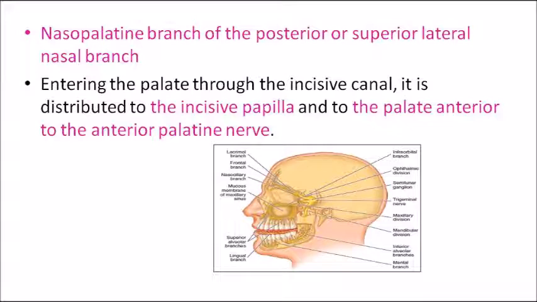Please note that it is similar to the vascular supply. The nasopalatine branch of the sphenopalatine artery provided vascular supply to the incisive papilla and the adjacent region. Now when coming to the nerve supply, here again it is the nasopalatine which provides the nerve supply, which is actually a branch of the posterior superior lateral nasal branch.